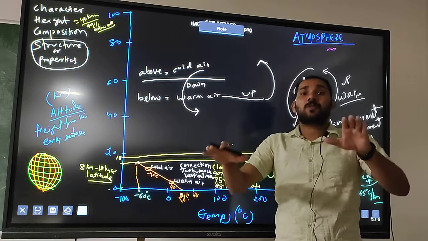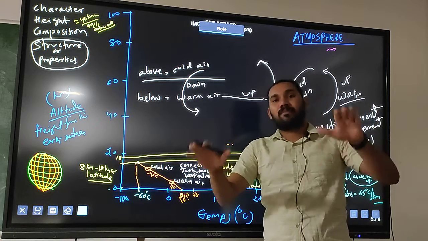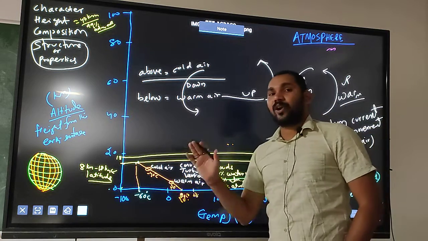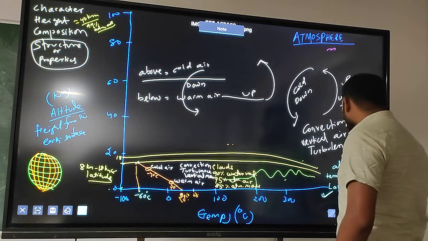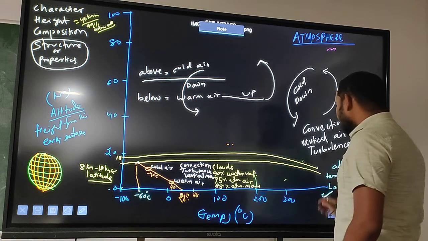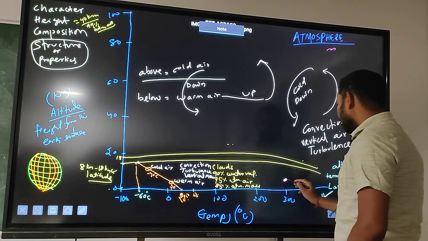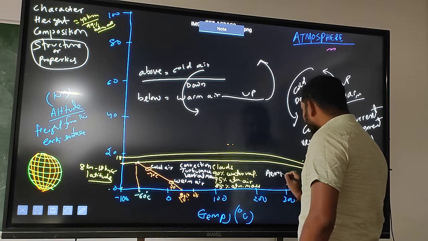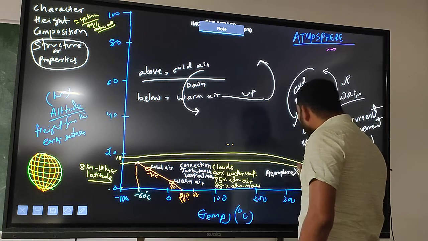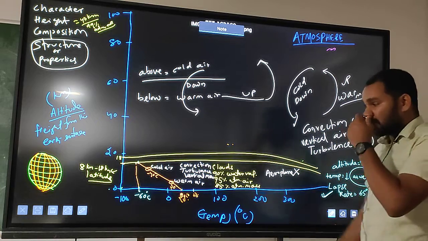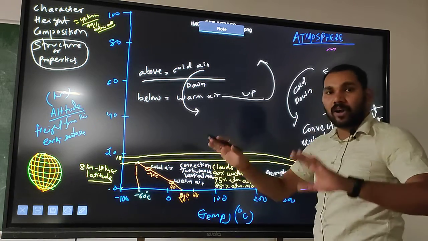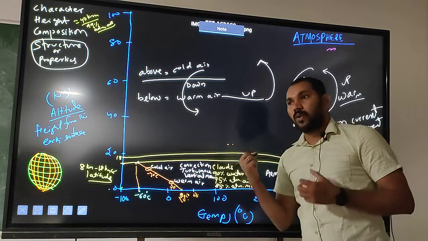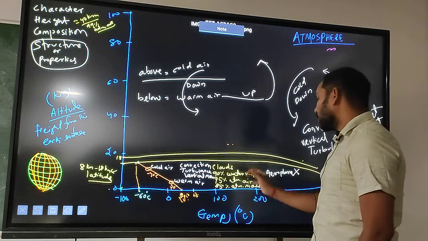It will just fluctuate. The aeroplane is not stable.